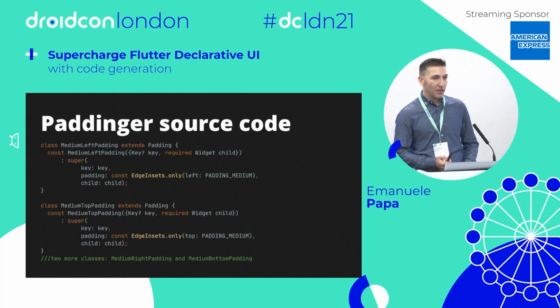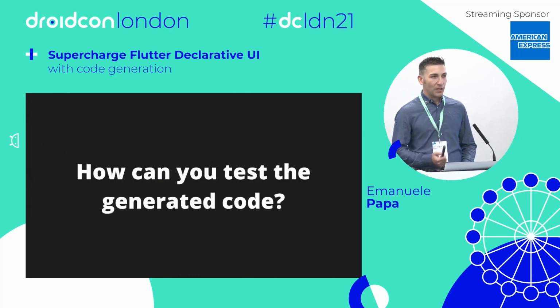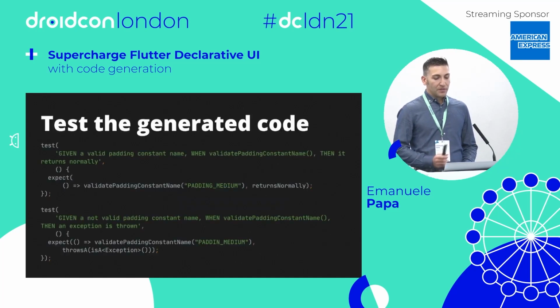Now we have just seen how you can use Paddinger and how it's created. And I want to show you how you can test the code that it produces. Because as I said before, it's very important you check the code is generated the way you want. So let's start with these 2 simple tests that validate that the user annotated what you expect.